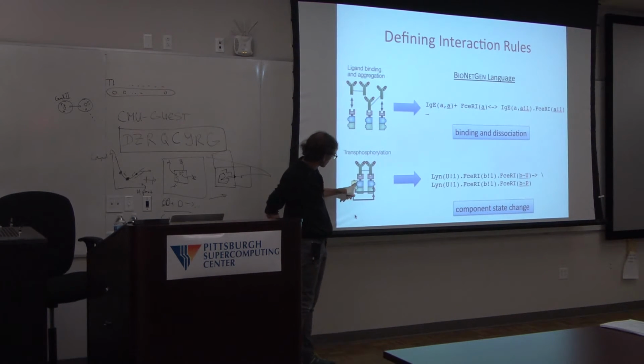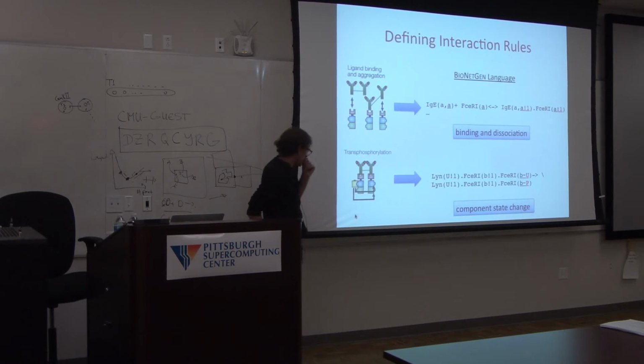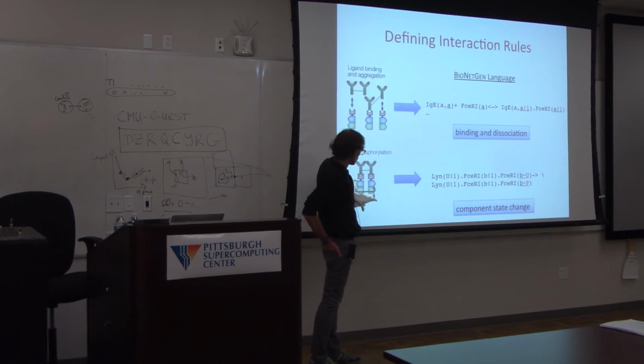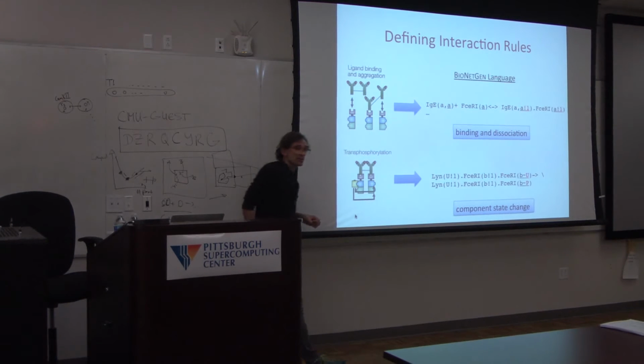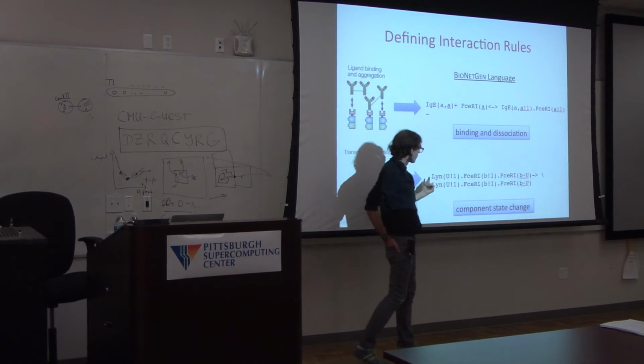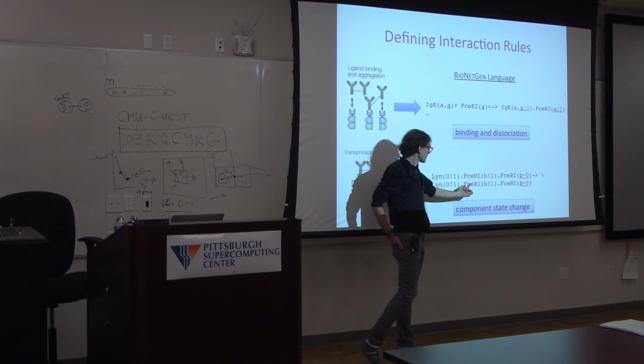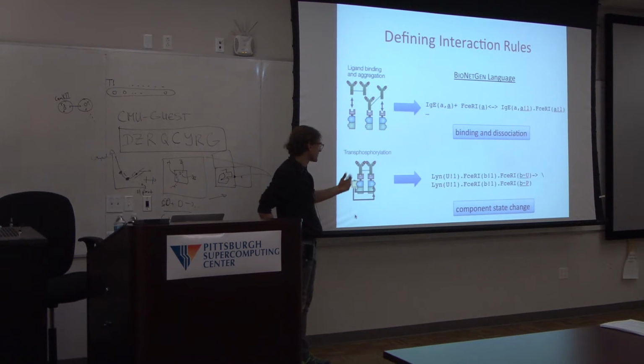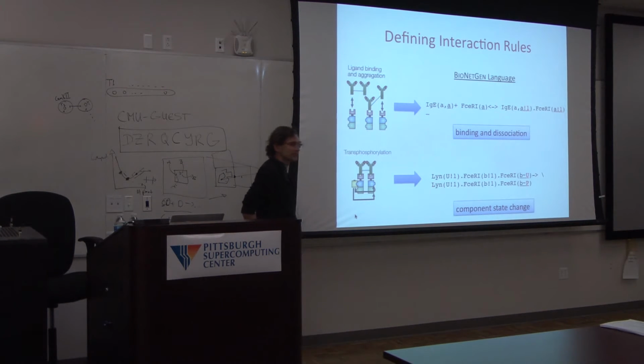So we have a Lin that's associated with another receptor in the complex, phosphorylating the adjacent phosphorylation sites on the adjacent receptor. And this has actually been shown experimentally to be the dominant process in this system. One of the reasons we developed BioNetGen was to be able to represent complex biochemical interactions within a complex in as simple a way as we could think of.